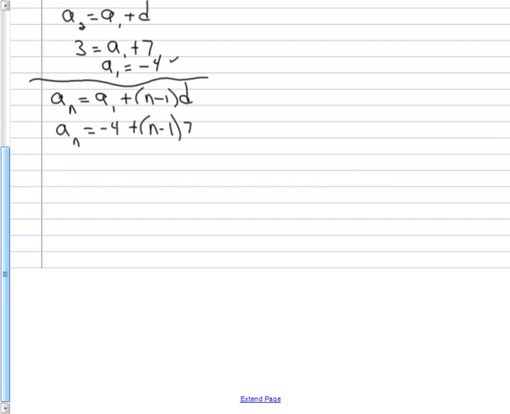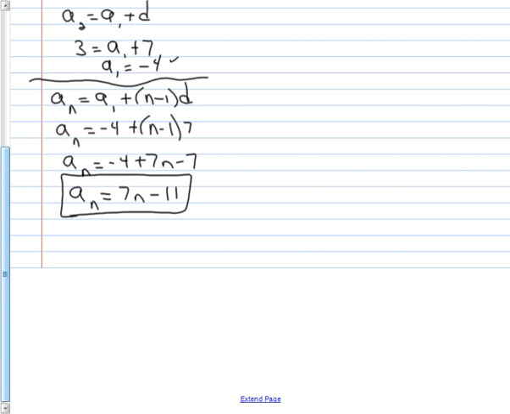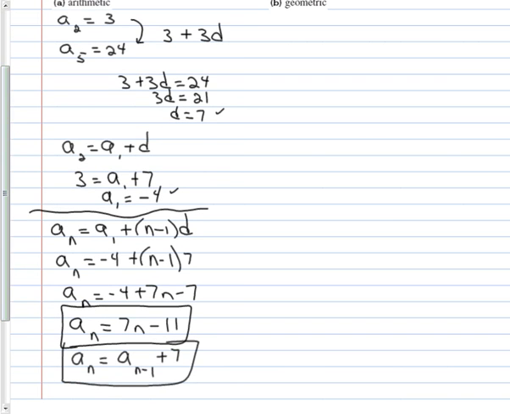So I can just simplify this. -4 plus 7n minus 7, or 7n minus 11. That would tell me any term. Now, recursive are always really easy. To get any term, I just take the previous term and add my common difference. There's the recursive rule.